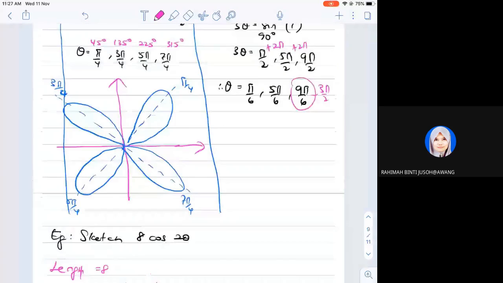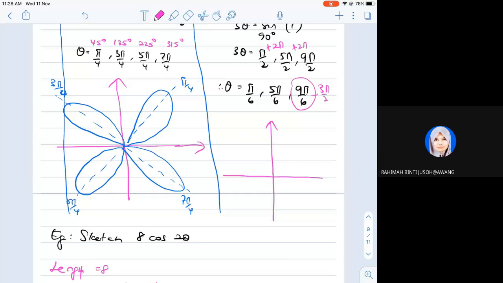So let's draw. The positions: pi over 6 is 30 degrees, 5 pi over 6 is 150 degrees, and this one is of course 270 degrees. So these are the positions.